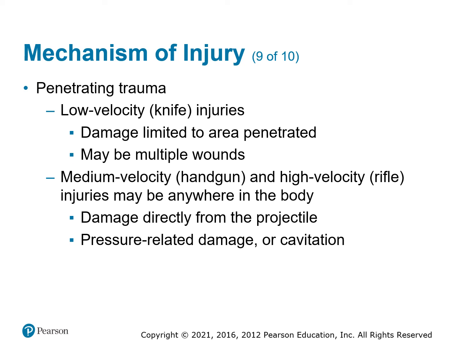And then high velocity is going to be like the rifle injury, something with enough velocity that it could pass all the way through. Not saying that it has to pass all the way through, but it's more likely that it will. So again, you're looking for damage directly caused by the projectile.